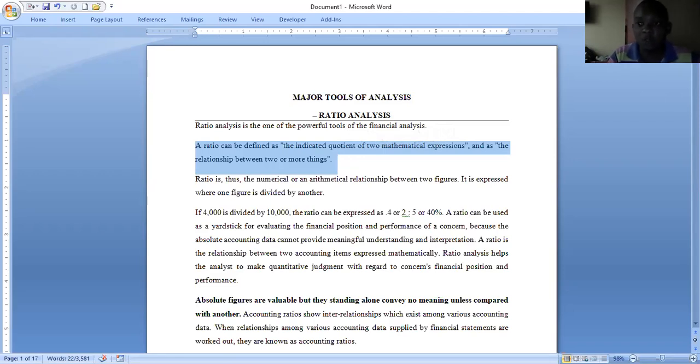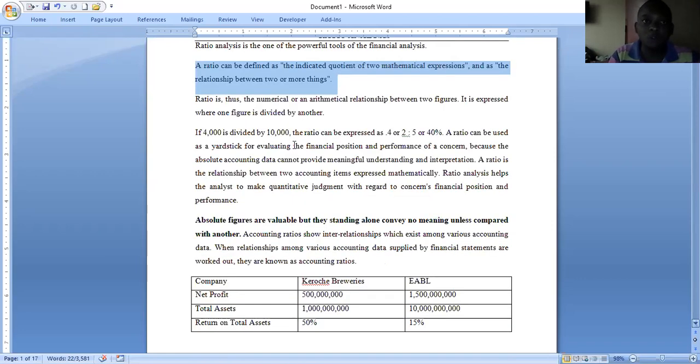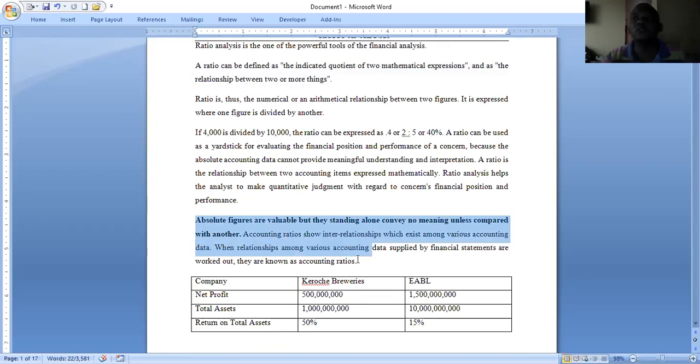A financial ratio provides a powerful tool of analyzing financial statements as opposed to absolute figures. So we have absolute figures in the financial statements, figures that stand alone. Say assets standing by themselves alone. That's an absolute figure.